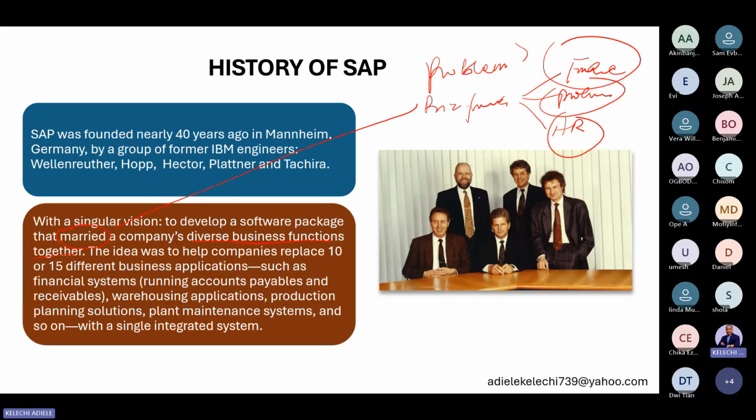Now, you can imagine how difficult it would be if the CEO asks one question: can you give me our finance status? What will happen? The finance guy will have to call a meeting between finance, procurement, and HR so that they can all bring their individual reports and do some reconciliation, some adjustments, a whole lot, to now give the MD or the CEO what he was asking for.